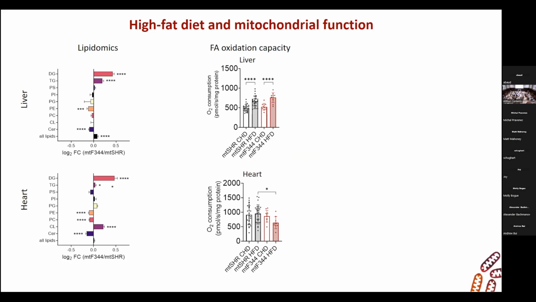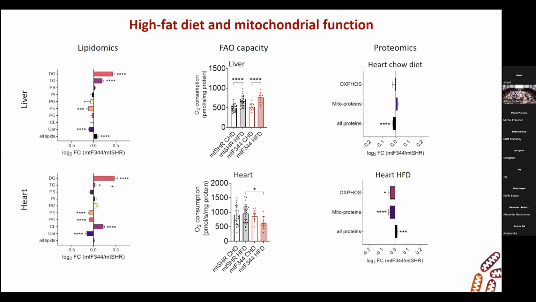Therefore, we focused on mitochondrial function and measured mitochondrial respiration. As can be seen, there was a significant decrease in the fatty acid-linked OXPHOS capacity in the heart of Fischer conplastic rats. This graph shows the analysis of protein levels in the liver and heart in Fischer conplastic strains compared to SHR.